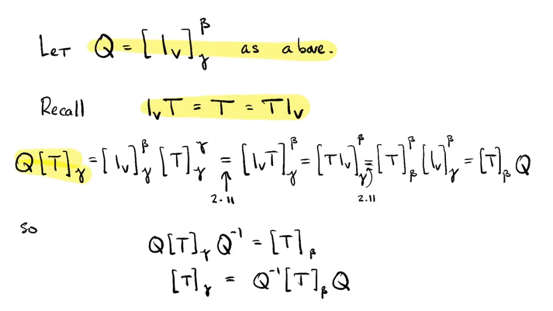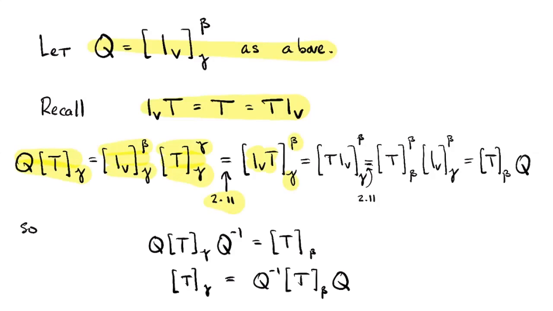But Q is the identity matrix in gamma beta. And then I just have the T putting in the gamma gamma notation. So stop the video and look this up. But Theorem 2.11 says that that matrix product is the matrix of the composition in the gamma beta pair, pardon me.